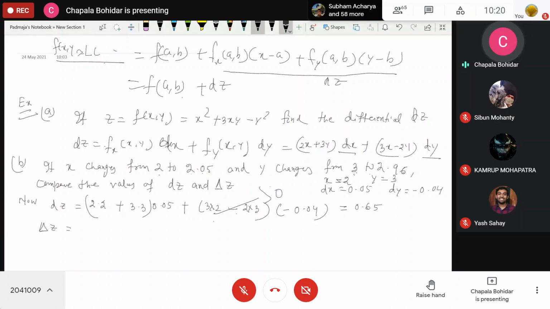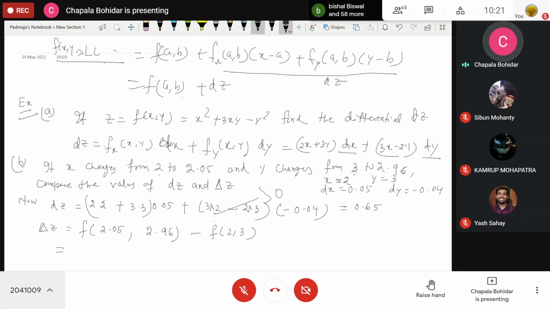Del z is your function of x plus del x, that is 2.05 and 2.96, minus f of 2, 3. So find out the functional value.